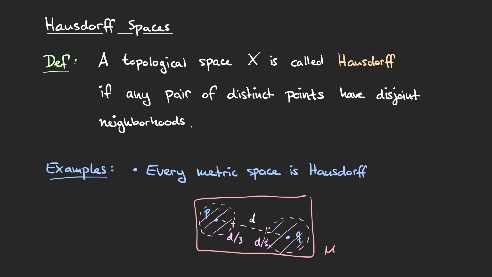In any case, it's pretty clear from this picture that in the metric space, we can just choose these open balls around 2 points, and if we choose the radii to be small enough, these open balls shouldn't intersect one another. Therefore, every metric space is a Hausdorff space, so in particular, Euclidean space R^n is Hausdorff.